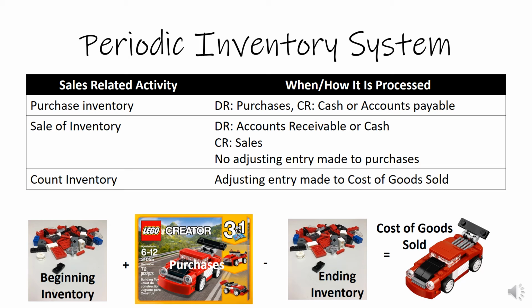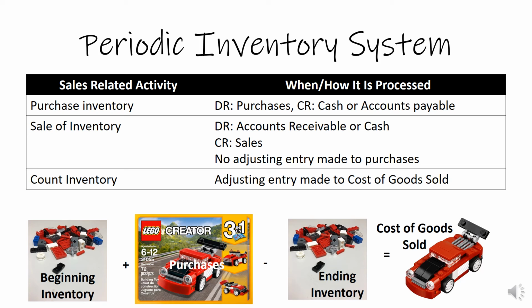When we count inventory at the end of the month, the quarter, or the year, we adjust everything to the cost of goods sold based on the physical count of inventory on hand.